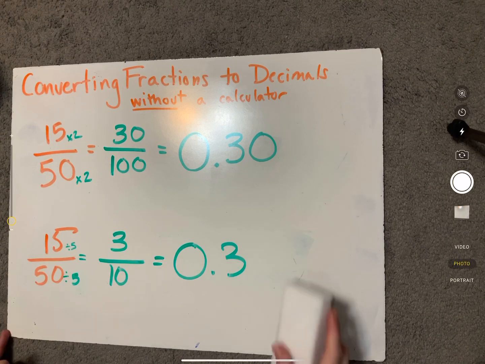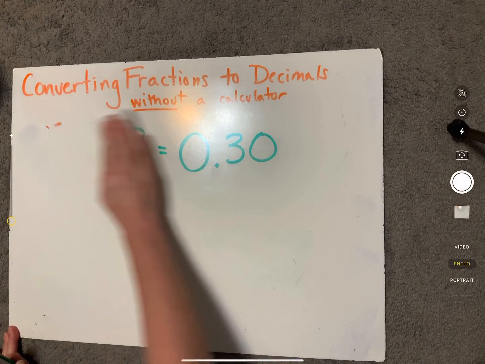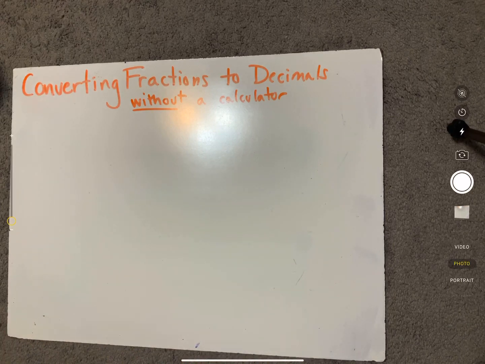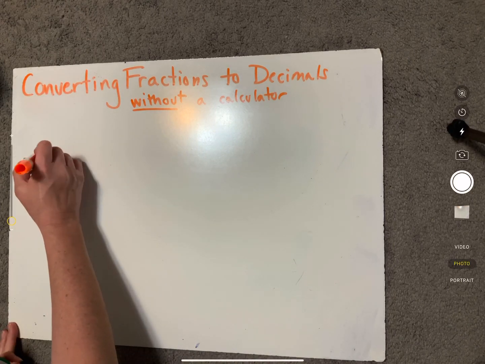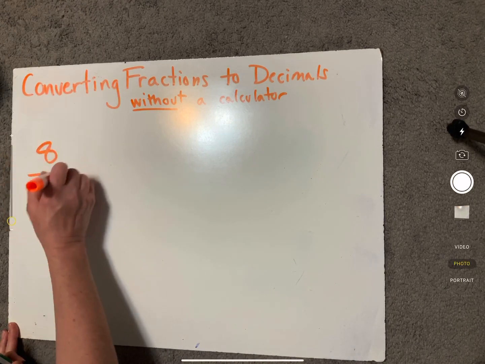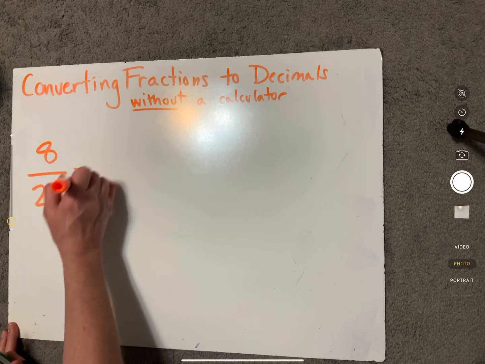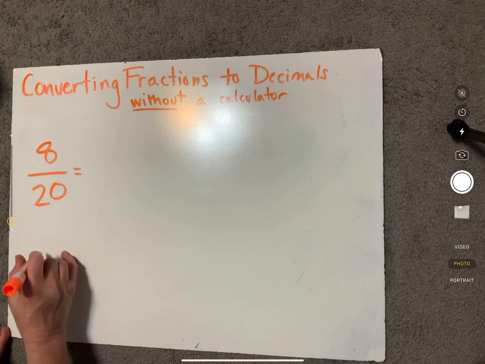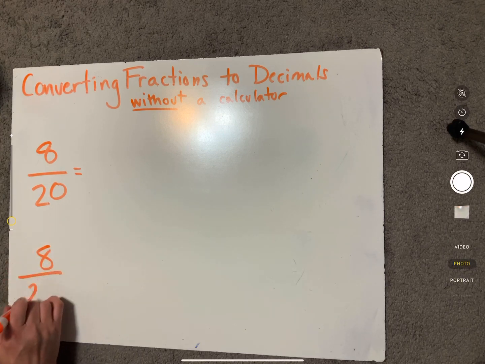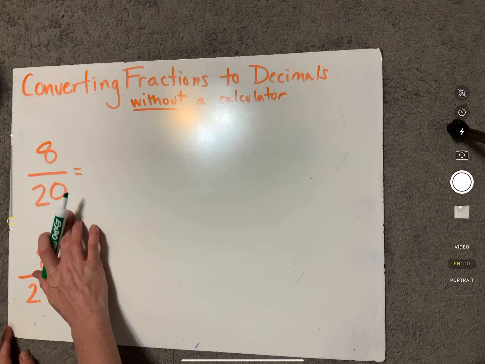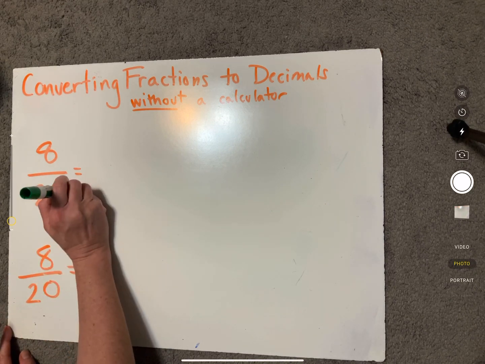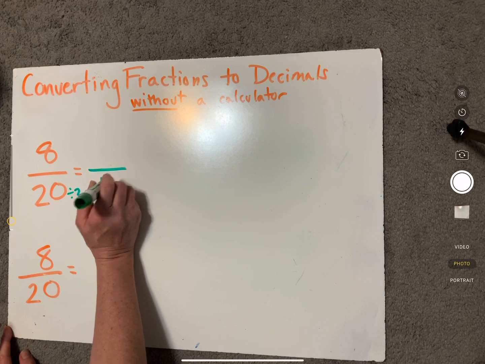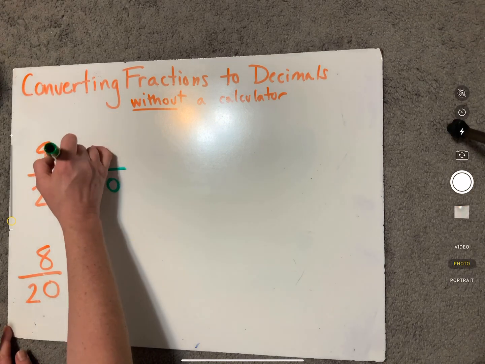Okay, let's try another one. Let's do 8/20. Again, we can do this two different ways. One way, we could divide 20 by 2 to get to 10. Could I divide 8 by 2?